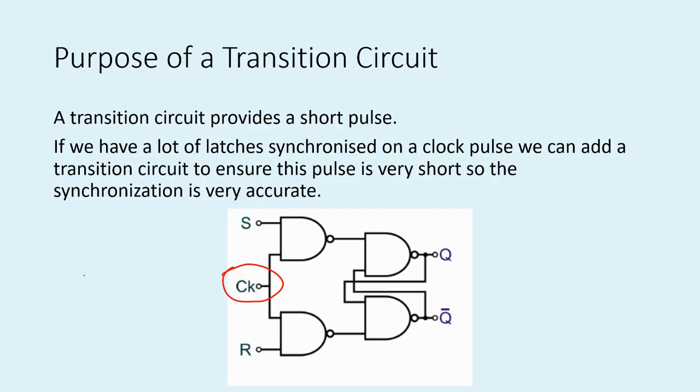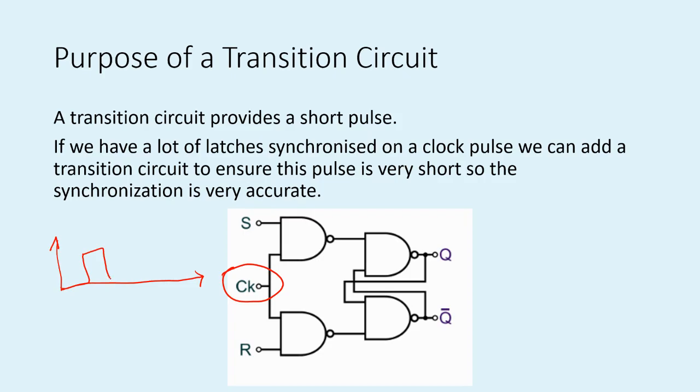The problem is if the clock is a standard astable, let's say it's a Schmitt inverter astable where the mark space ratio is 1:1, it's high for a lot of the time, which means that the synchronization isn't that good, because it's been triggered for quite a long period. And that means that multiple changes in the input may well get recorded, and that can mean that different latches get out of sync.